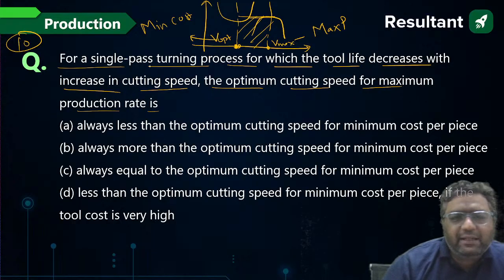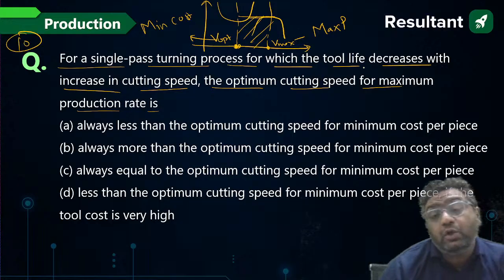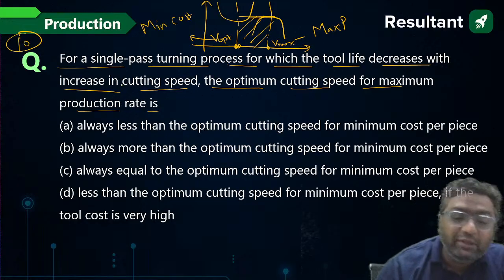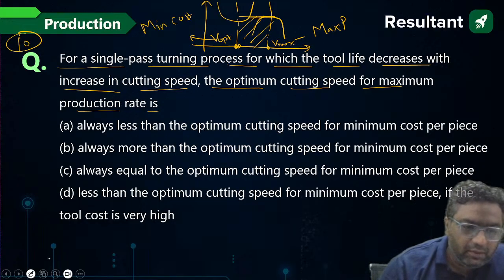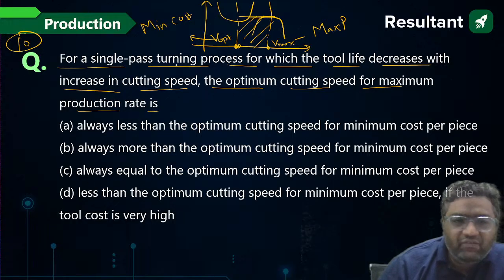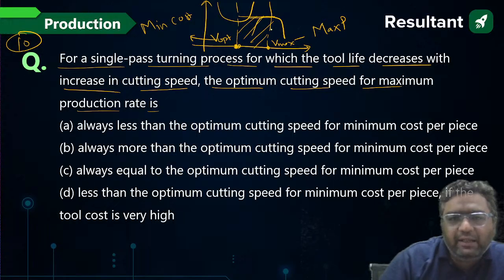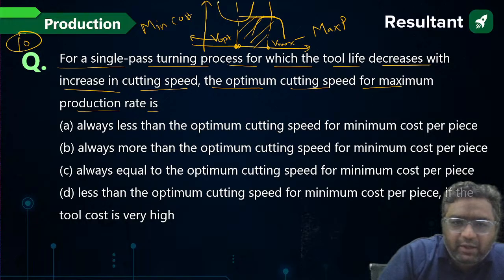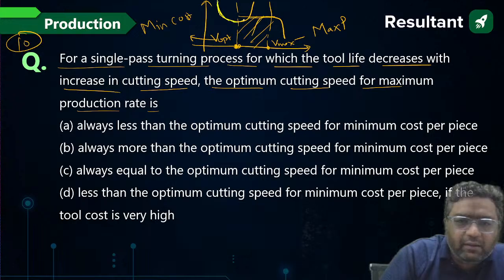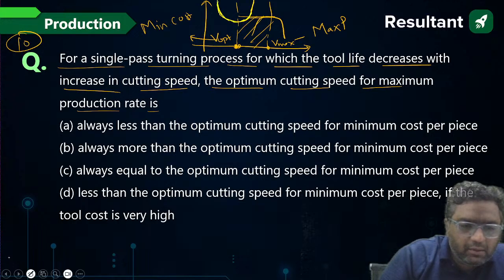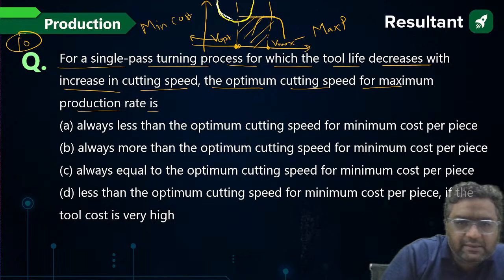So they are saying for a single pass turning process for which the tool life decreases with increase in speed. Tool life decreases with increase in speed. You can see here tool life decreases with increase in speed, then increases, first decreases, then increases, then here increases, here decreases.